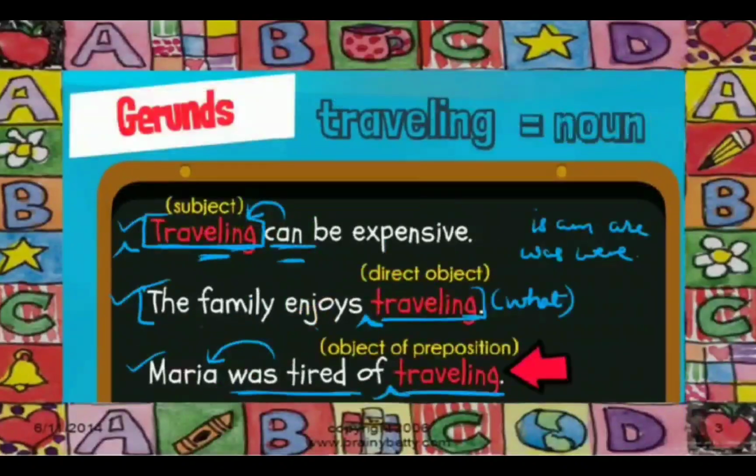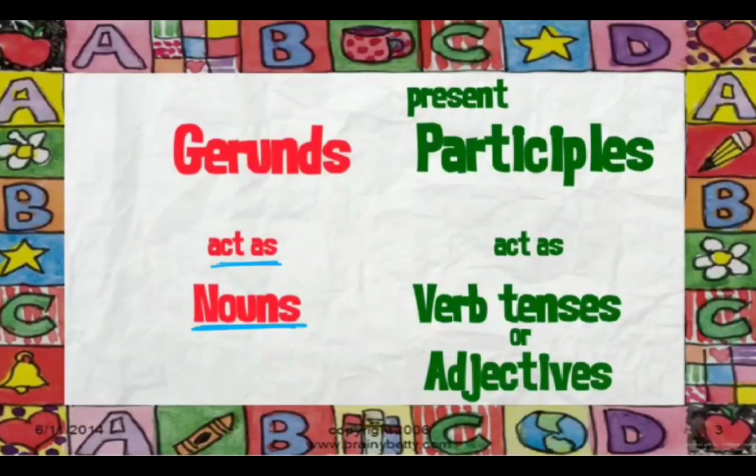Children, when the ing word acts as a verb tense, fine, it is a verb. But if it acts as an adjective, you cannot call it a verb because it is not showing any action.